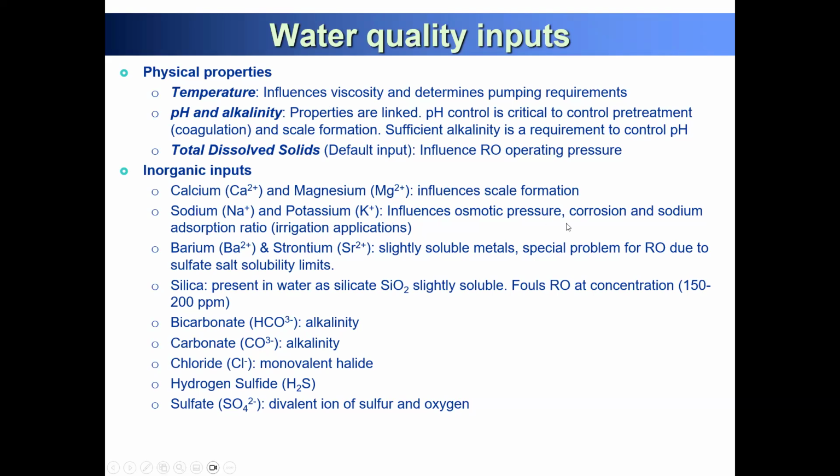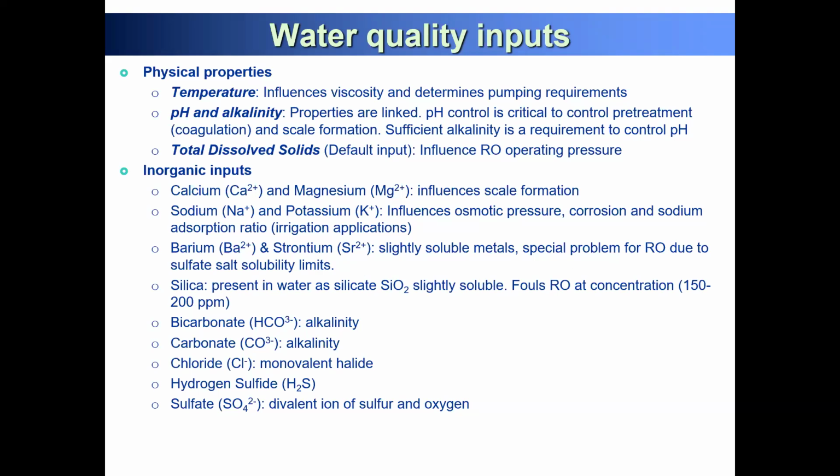Also sodium, potassium, osmotic pressure, corrosion, sodium absorption ratio. Also barium and strontium, slightly soluble metals, are a special problem for RO due to sulfate salt solubility limits. Barium sulfate and strontium sulfate easily attach to the membrane, and you have a fouling problem.